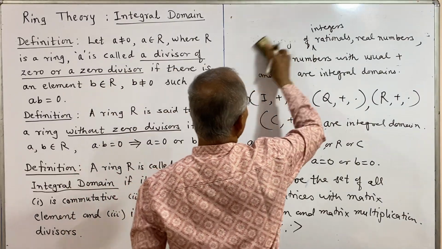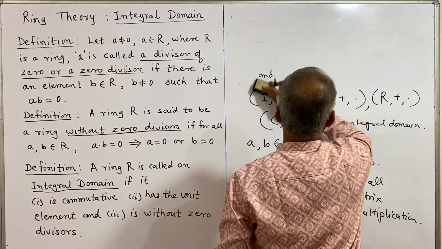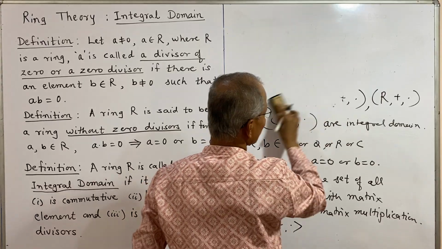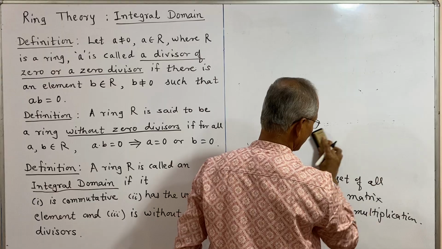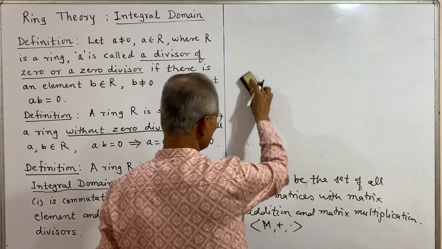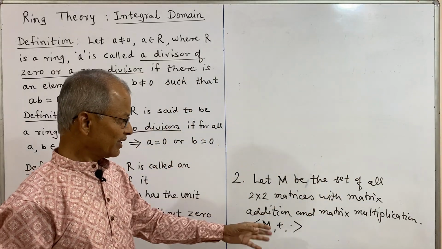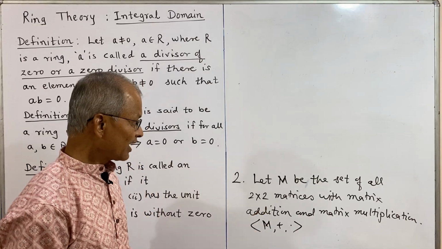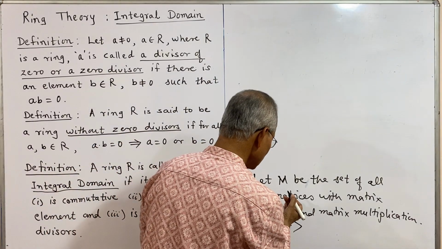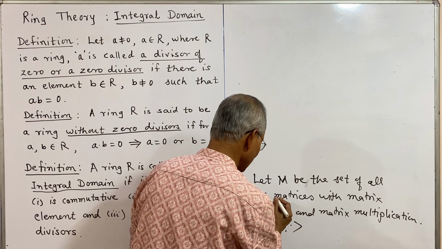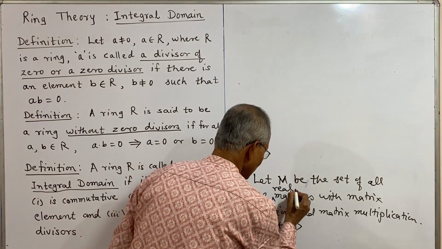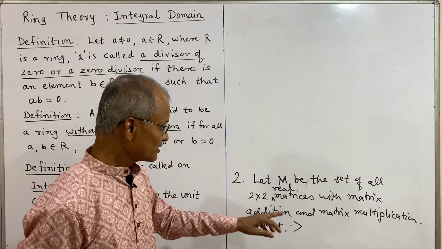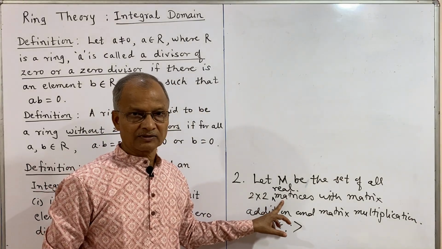This can be checked easily because all the axioms of a ring are satisfied by this set of 2 by 2 matrices. In general we may consider n by n matrices, real matrices or rational matrices. Real matrices means the entries are real numbers.